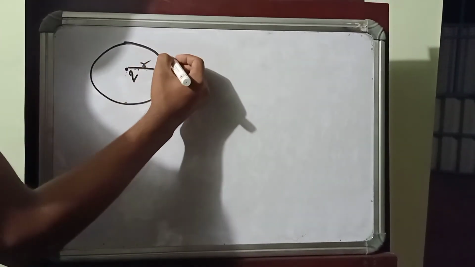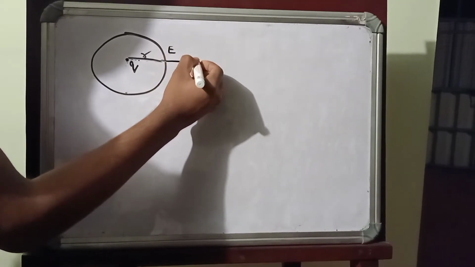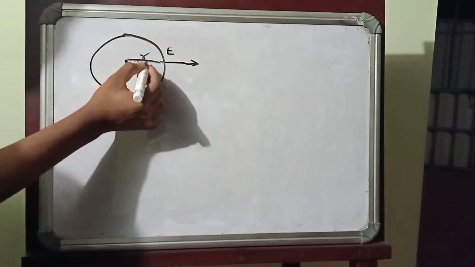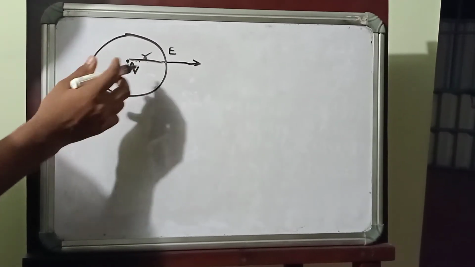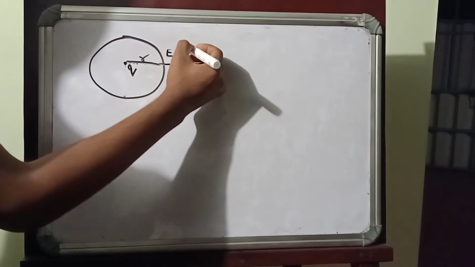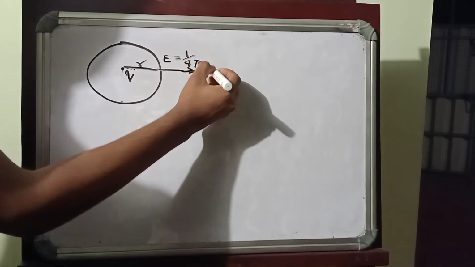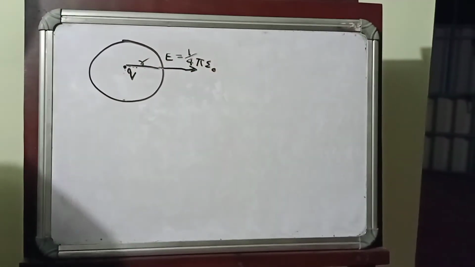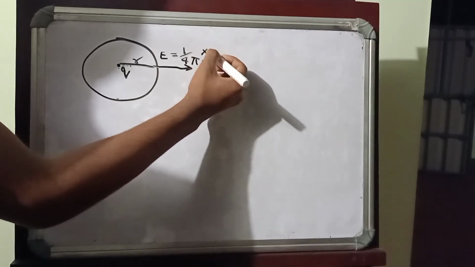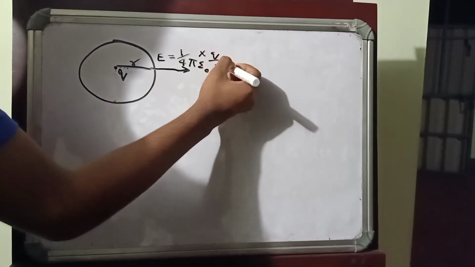E equals 1 by 4 pi epsilon naught into Q by R square.